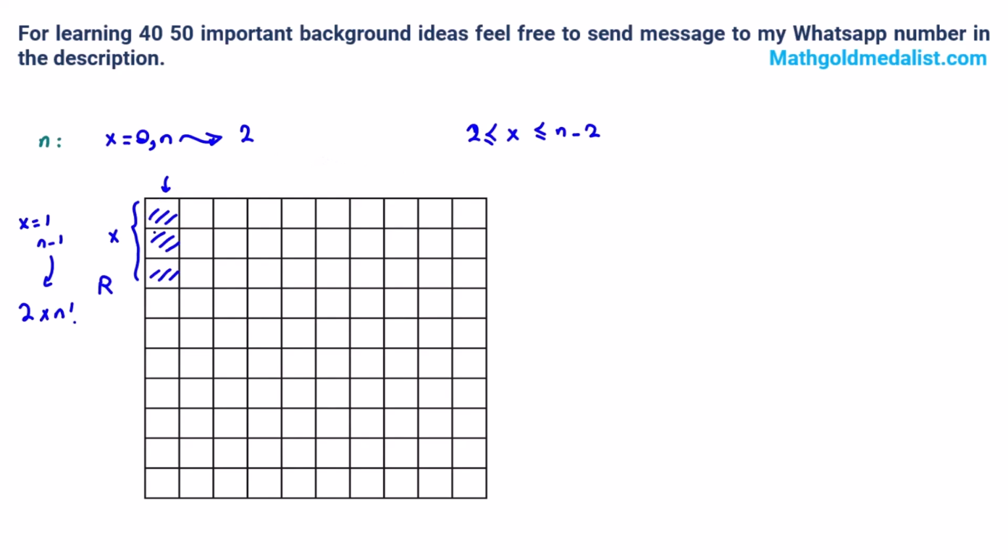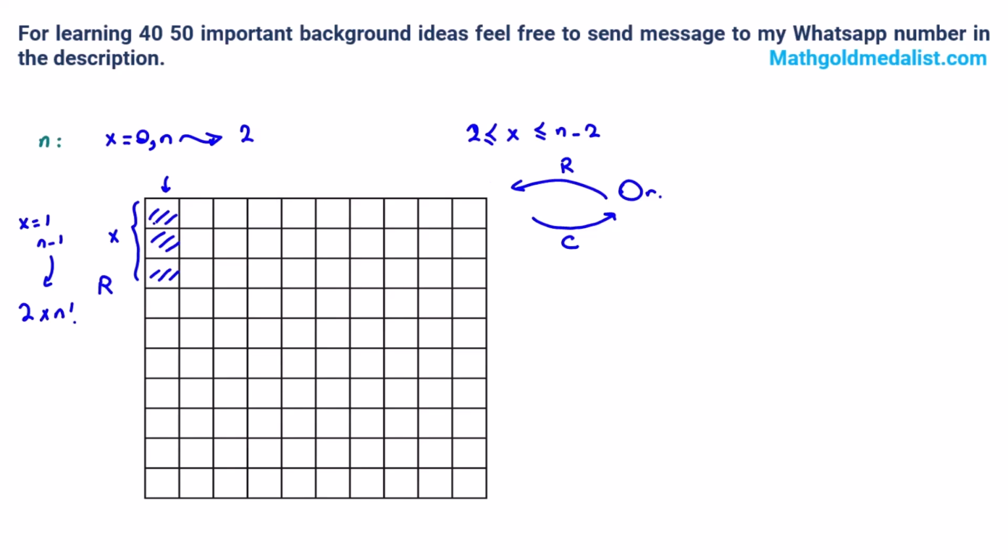Because when you move columns, then you should move this column to another column. It means that suppose our original table was this, we reached this one by permuting rows, and we want to permute columns to reach our original table.